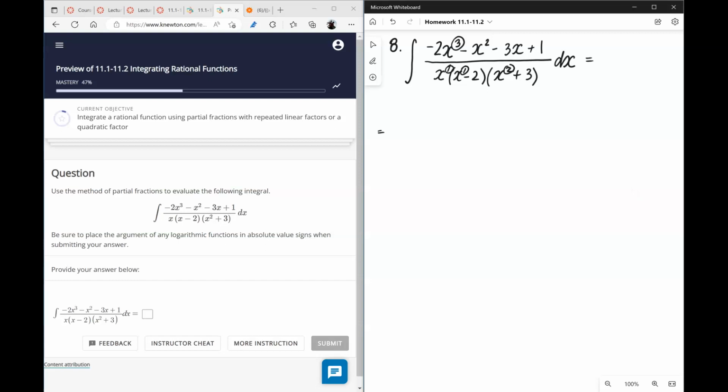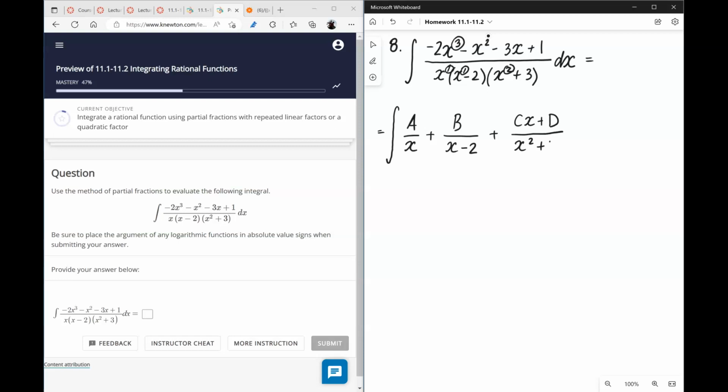And if it's reduced, then we have to use the partial fraction decomposition, which will say that this rational function can be rewritten as the sum of these simple rational functions.